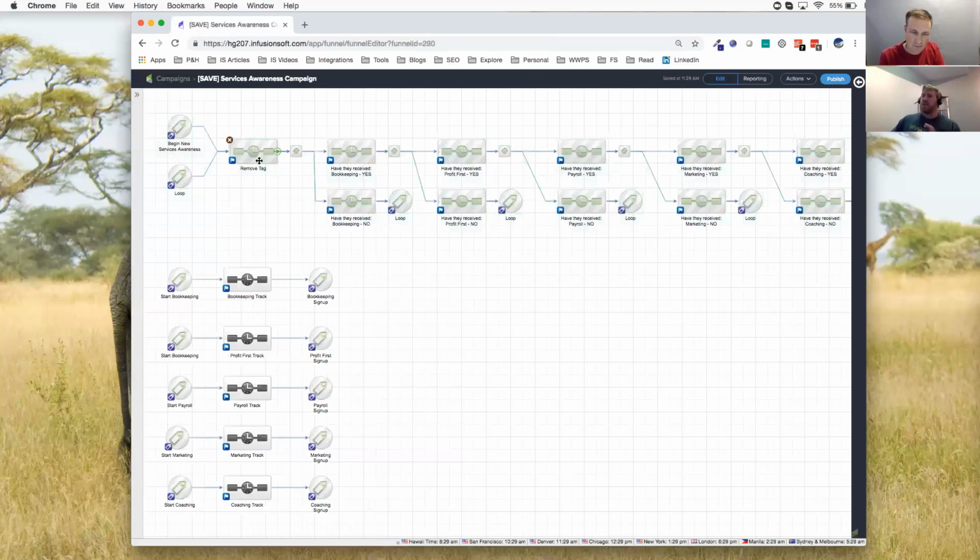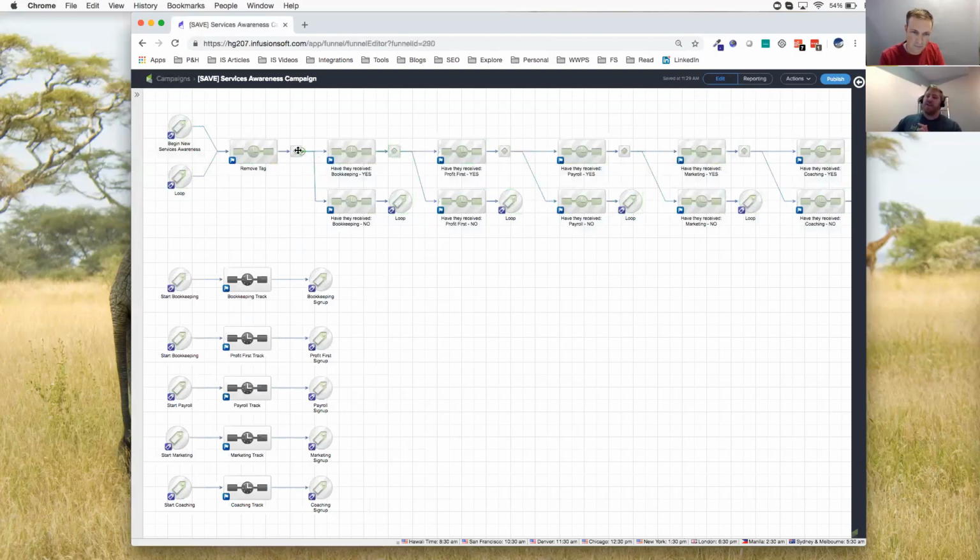This is removing some of those tags. And then I'm just asking one question at a time. Have they received the promotional content around bookkeeping, or are they a bookkeeping client? If the answer to either of those questions is yes, they skip it and move right on to the next one for Profit First, and I ask the same questions there.